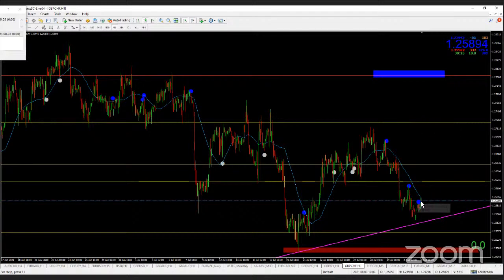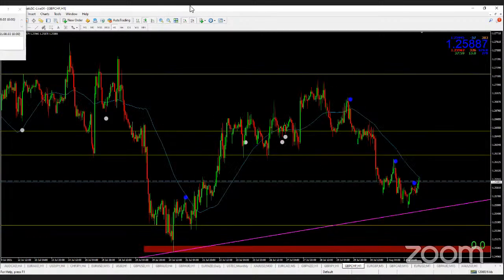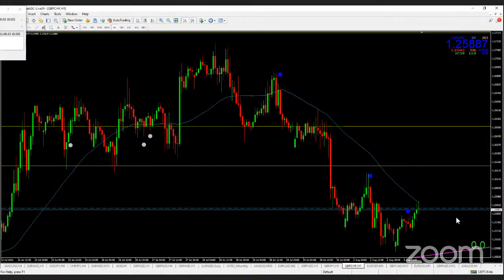So the entry here, as usual with me, is the broken dotted lines. TP1, TP2, TP3, and TP4. You see, as you go higher, the final take profit, the ranges get bigger. Okay, so that's my first trade for the day, guys.